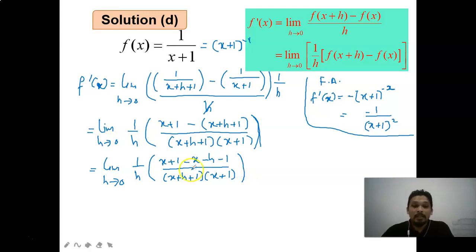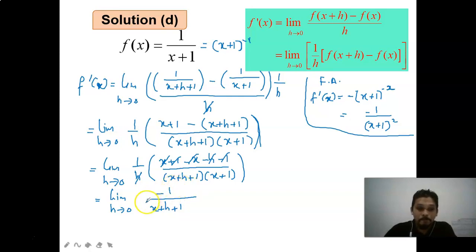Now, x minus x, 1 minus 1, and we are left with h divided by h. Limit h approaching 0, h divided by h. So don't forget that we got negative here. So negative 1 divided by x plus h plus 1 and also x plus 1.